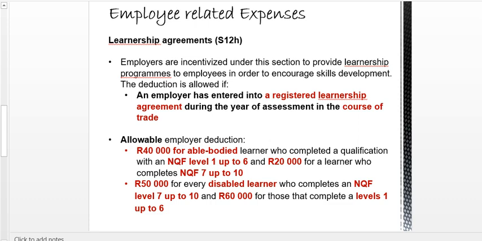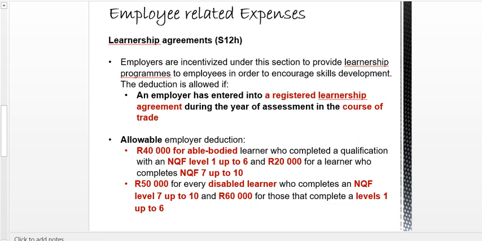So any learnership agreement or any further studies which an employee embarks on is an allowable deduction for the employer if it is a registered learnership agreement and if it relates to the trade of the business.